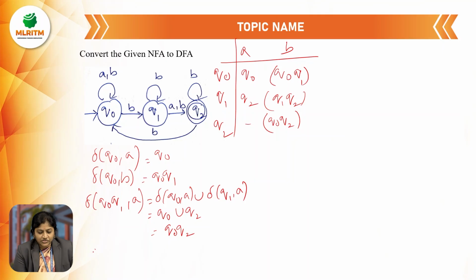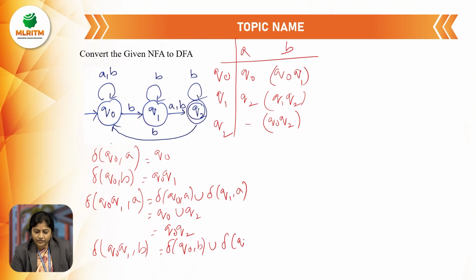Next, transition of Q0, Q1 on B is the transition of Q0 on B union the transition of Q1 on B. Q0 on B is Q0, Q1, union transition of Q1 on B, Q1, Q2. What is the union of all this? Q0, Q1, Q2.